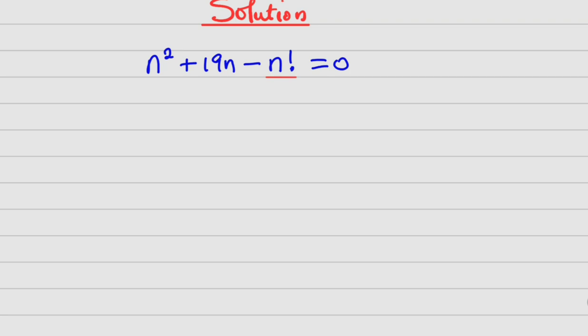Now, the way to work this is first to collect like terms. So this is n squared plus 19n, then is equals to n factorial.